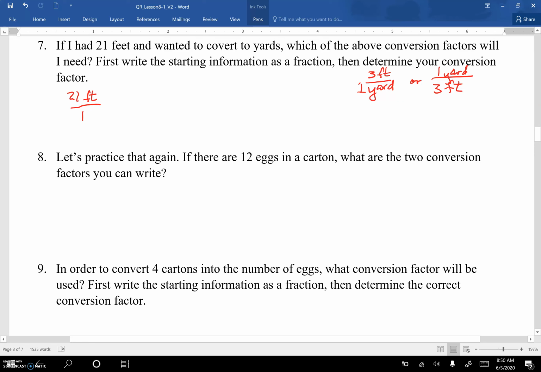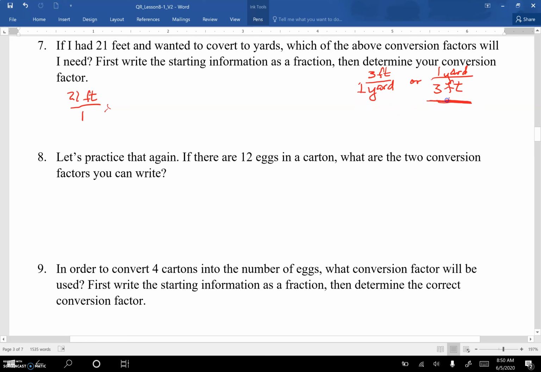So in order to figure out which one we're going to need, we have to remember that with fractions, if you have the same thing on top in the numerator and on bottom in the denominator, then they cancel out, even if it's over a fraction, even over a multiplication. And so since we have feet in our numerator now, then in our conversion factors, we want to find the one that has feet on the bottom so that it will cancel out.